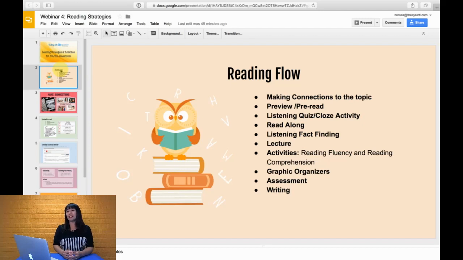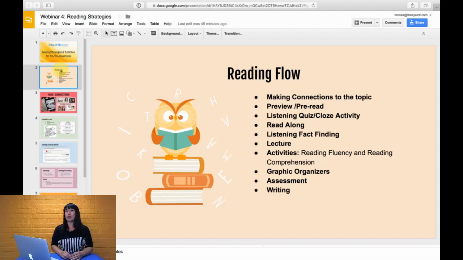We can then continue with listening quiz or a Cloze activity where students are practicing maybe listening fluency or maybe it's just their first time hearing the reading. We also believe in read-along, which can happen in many different ways, which we'll talk about shortly, and an activity called listening fact-finding. So even though we're doing reading, we're also focusing on listening skills. There's then a lecture portion, of course, led by the teacher, and then our favorite part, activities.